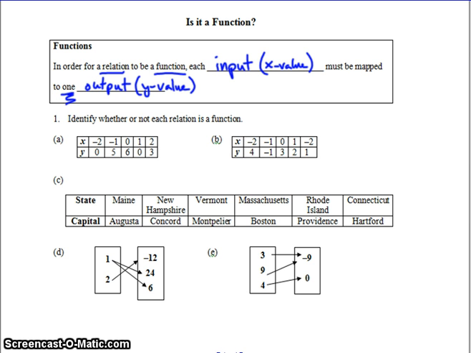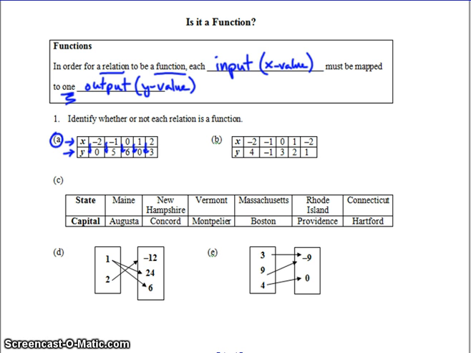With the first two examples, example A, we have a table. We have your x values and its corresponding y values. So -2 relates to 0. -1 relates to 5. 0 relates to 6. 1 relates to 2. 2 relates to 3.